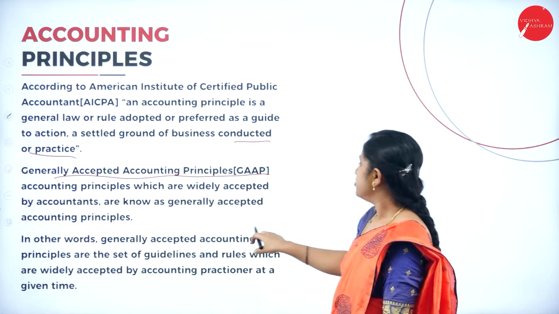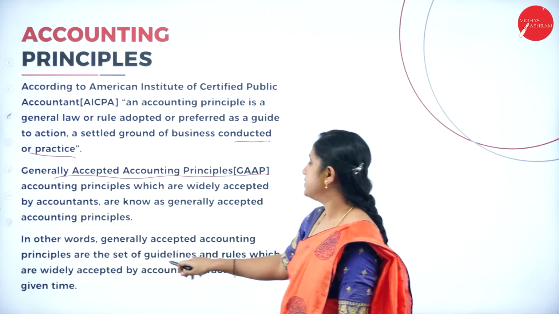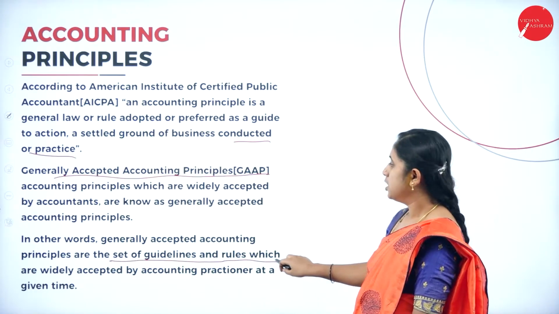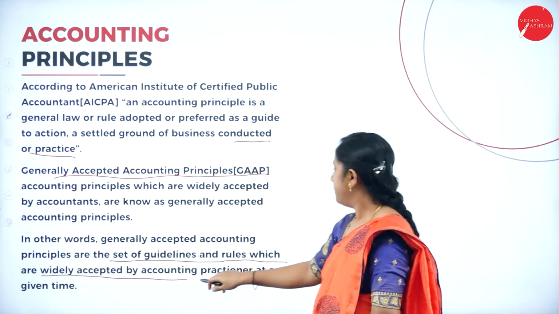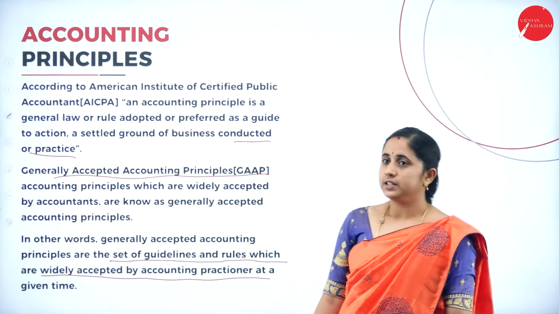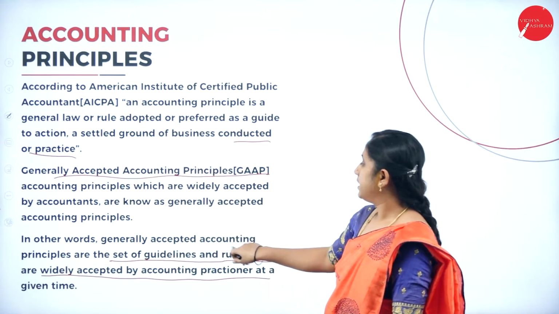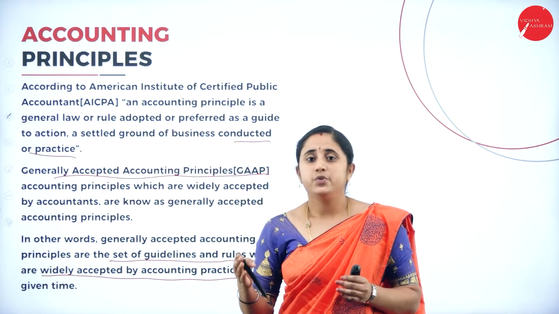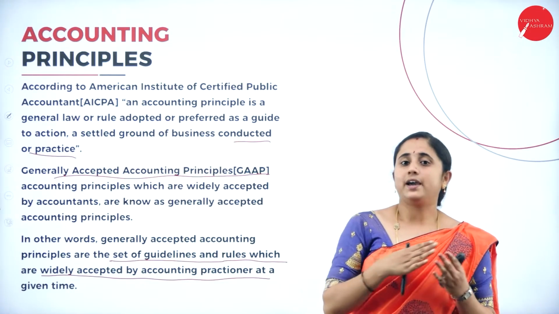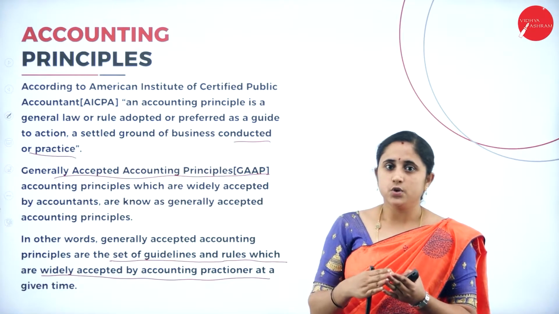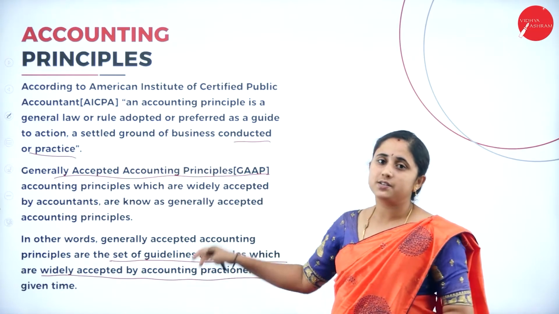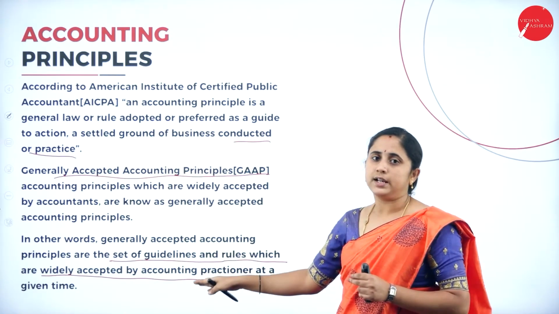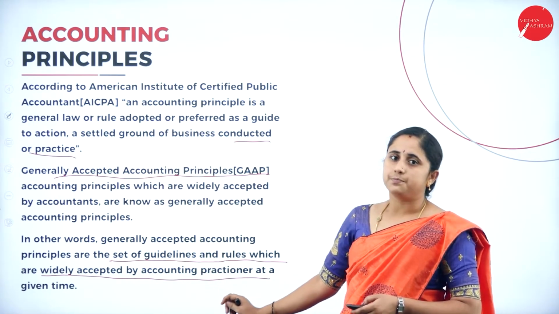In other words, generally accepted accounting principles are the set of guidelines and rules which are widely accepted by accounting practitioners. So, some accounting principles which are widely accepted by accountants are called generally accepted accounting principles.